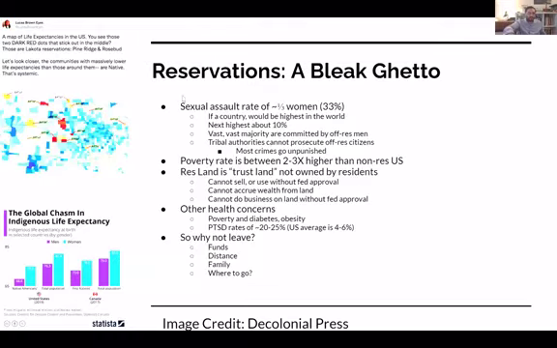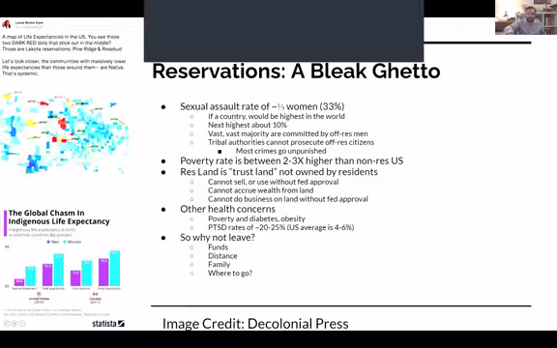One of the biggest and most shocking stats, maybe I should say, on this is that the sexual assault rate, the word that starts with an R and ends with an E, of women on Native American reservations is 33%. 1 in 3 women report having been assaulted at least once in their lifetime. If that was a country, it would be the highest rate in the world by a large margin. The next highest country is about 10%.